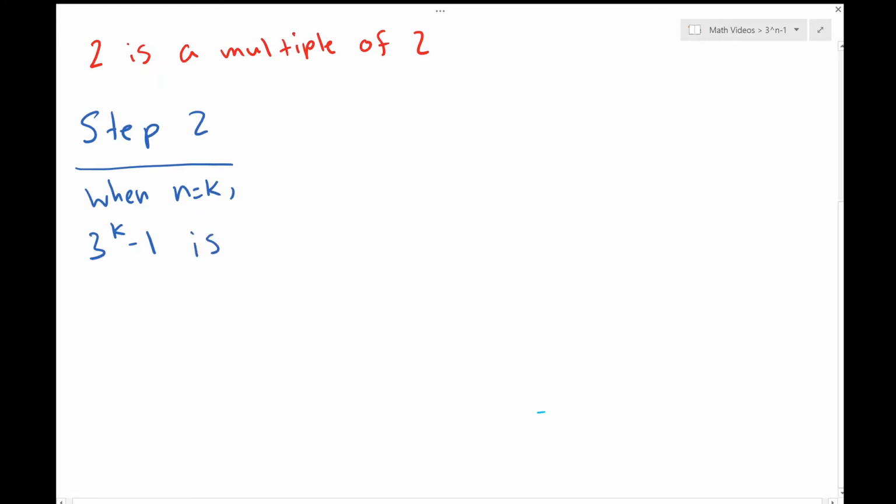And we're just assuming it's a multiple of 2. So we can write 3 to the k minus 1 is a multiple of 2. And keep in mind this is an assumption. And we're going to treat this as a fact, and we're going to use this to prove that the statement is true when n equals k plus 1.